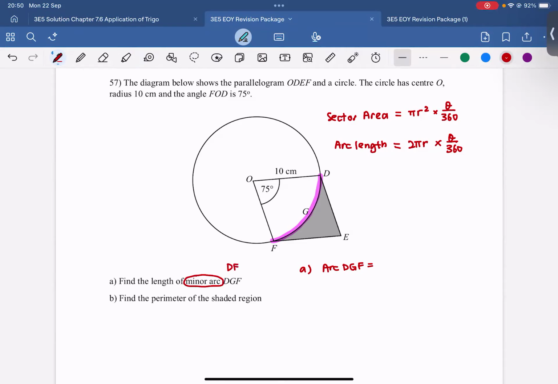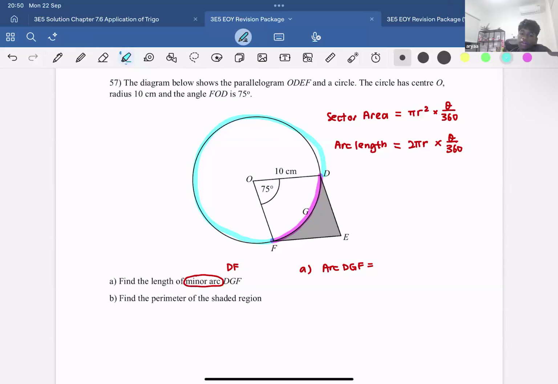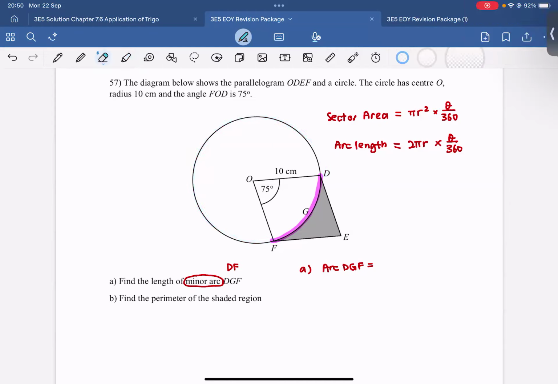They don't put the G there. So if I just put DF without telling you minor or major, it could be here. This is also DF, right? Then how do you know if it's minor? So they have to state whether it's minor or major if they just put DF, because it could have ambiguity if I just give you 2 letters.